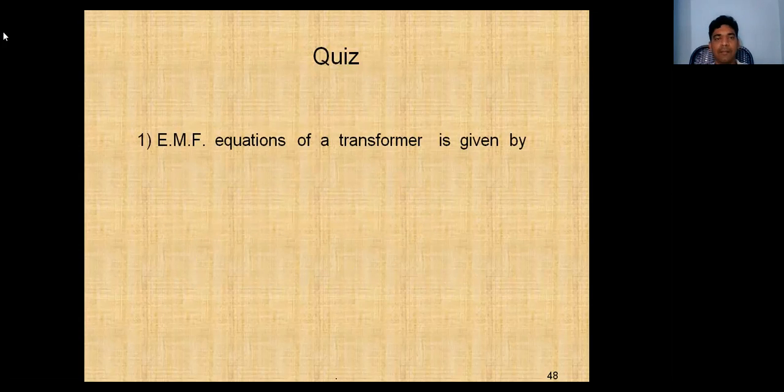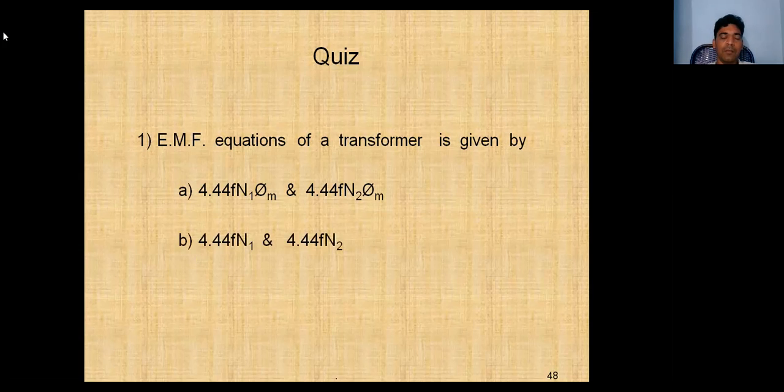We come to the quiz. The EMF equation of a transformer is given by: option A, 4.44 f N1 phi m and 4.44 f N2 phi m; option B, 4.44 f N1 and 4.44 f N2; option C, none of the above.